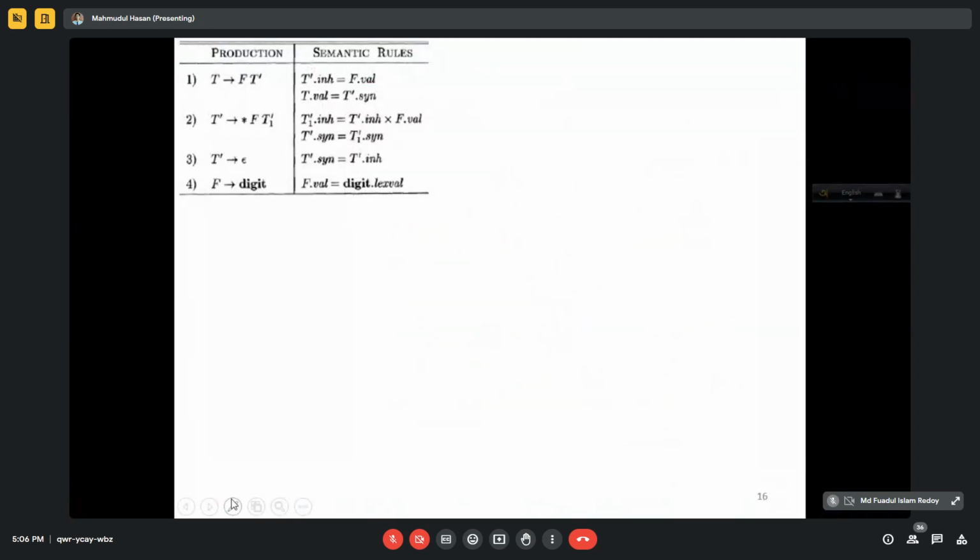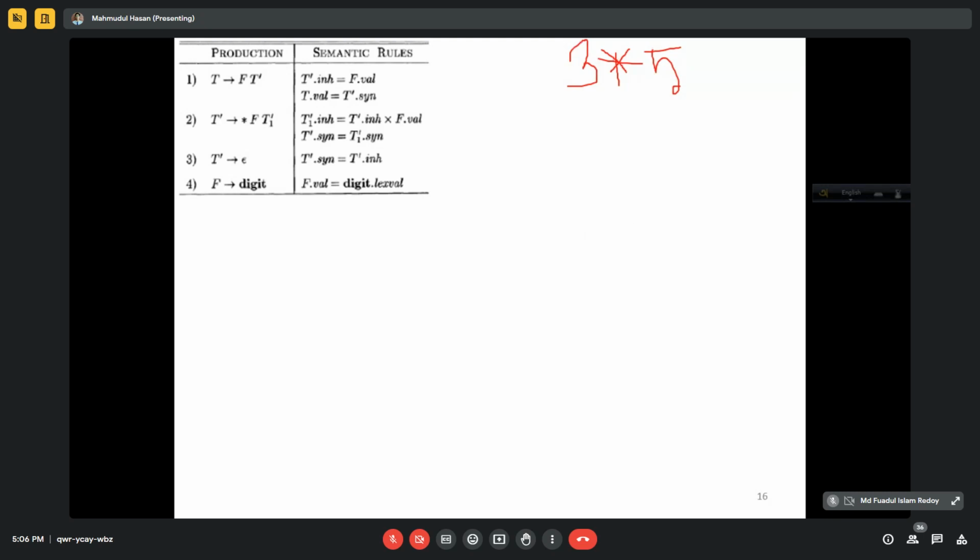Okay. So now I am going to represent what I said just through a dependency graph. Suppose this is your production rule, this is your semantic rules, and this is the input, and for this input you need to draw the dependency graph.